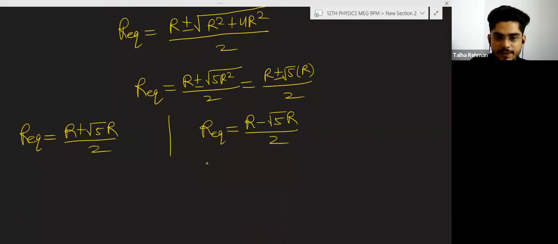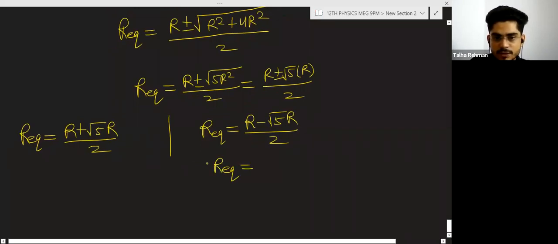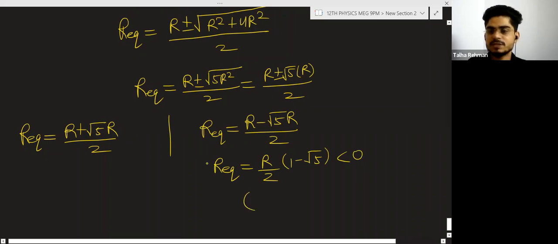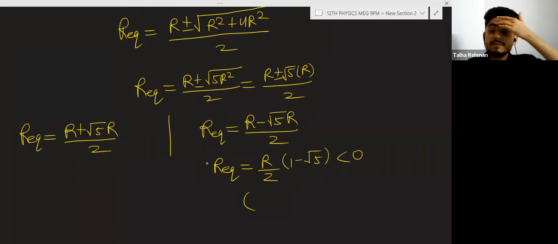Then take r as common, so it will become r by 2, and it will become minus 5. So this term is less than 0, but r equivalent can never be less than 0, means resistance can never be less than 0. Resistance can be 0, but cannot be less than 0.